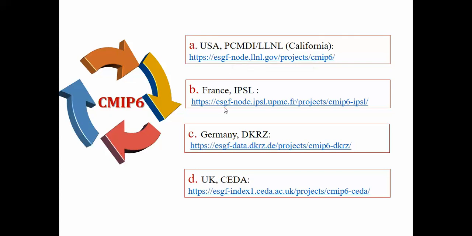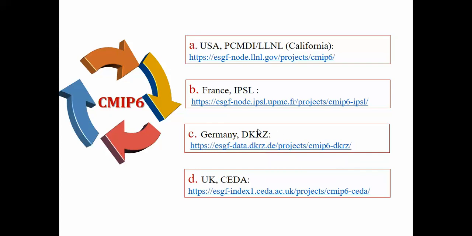The second main gate is for France, IPSL. With this link also, you can make a user account, go to your profile, and download different CMIP6 data. The third one is Germany, DKRZ. Maybe you have heard about DKRZ.